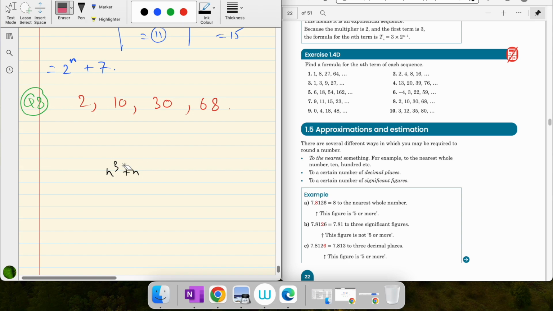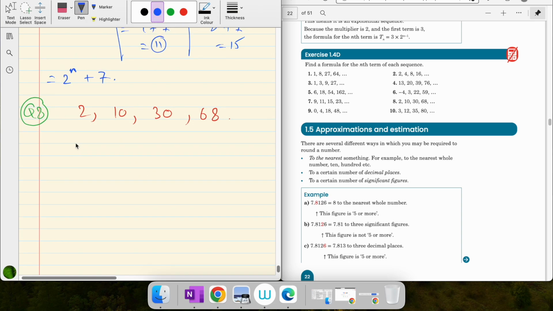You see how I reached this point? I just tried n cube. So when we try 1, I'm getting 1, I had to get 2. So I can see that if I add 1, I'll get my answer. For the second one, same attempt, 2 cube plus 1, this is 8, but I can see that I had to add 2, not 1. So I had to add 2.